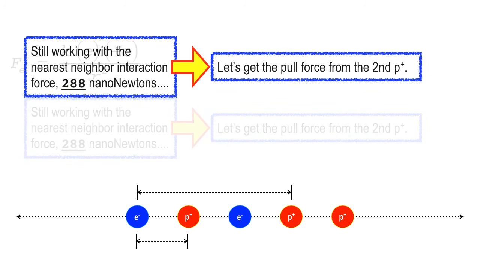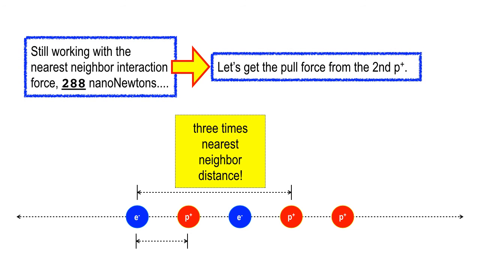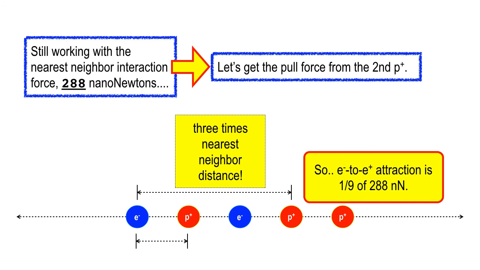So 3 times the nearest neighbor distance, and that means 288 divided by 9. What's 288 divided by 9? 32? 270 plus 8? Yeah, okay.